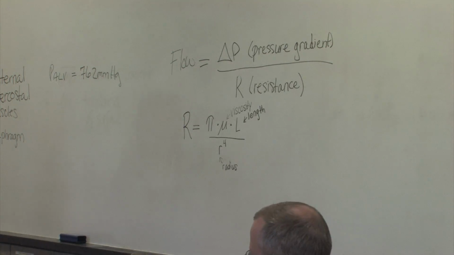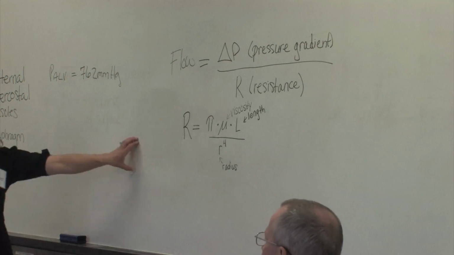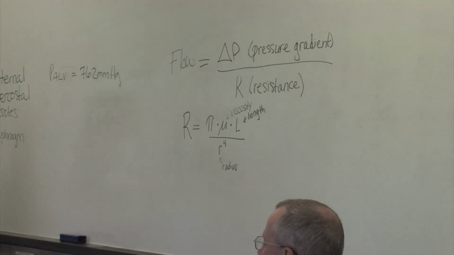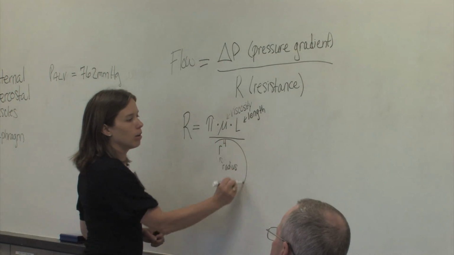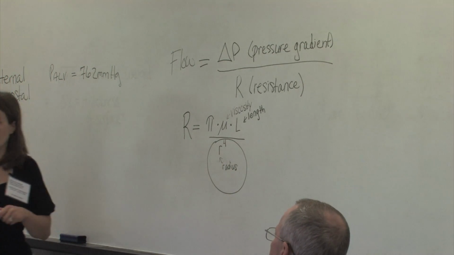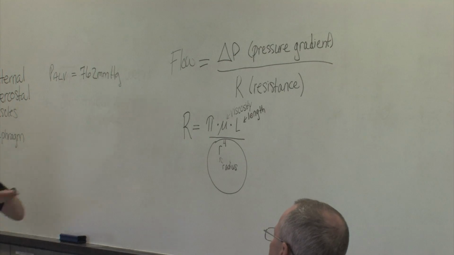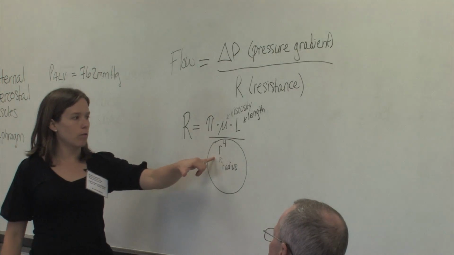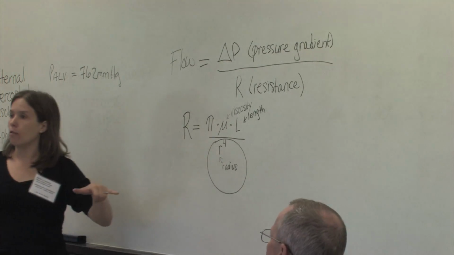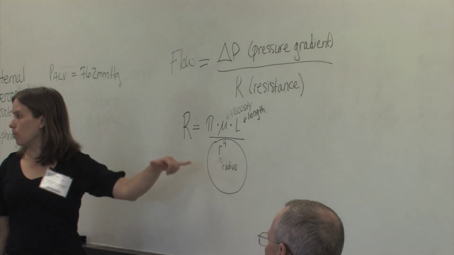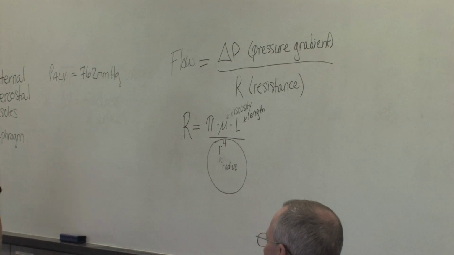The next time that we meet, we're going to be talking about blood vessels. We're going to use these same equations. For airways and for airflow, this is the term that we're really interested in. If we increase the radius, we're going to decrease resistance. Right? If we decrease radius, we will increase resistance. Yeah.